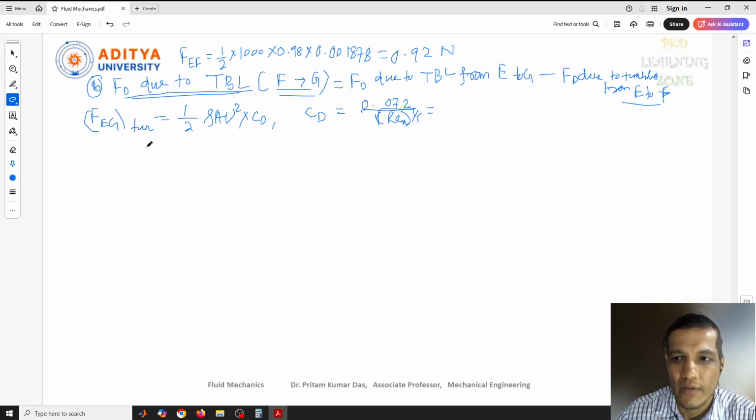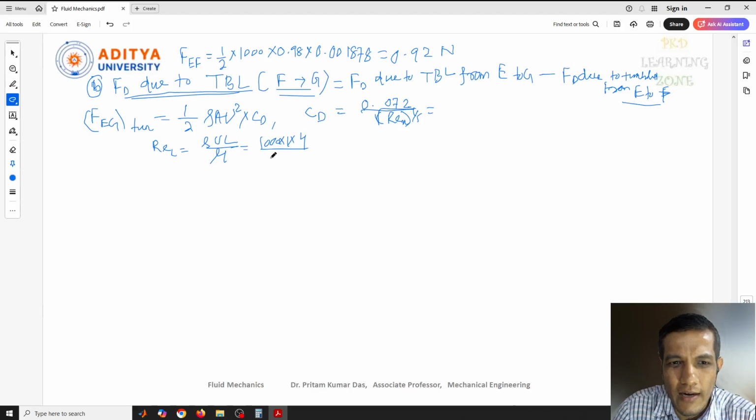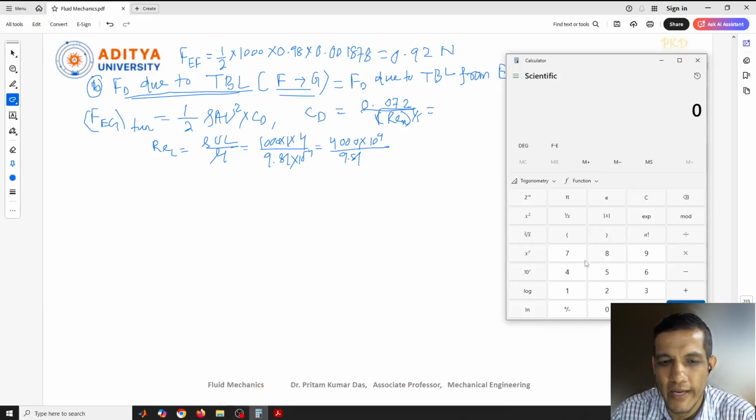The Reynolds number REL equals rho UL by mu, which is 1000 into 1 into the length 4, and mu is 9.81 into 10 to the power minus 4. So this is 4000 into 10 to the power 4 divided by 9.81.